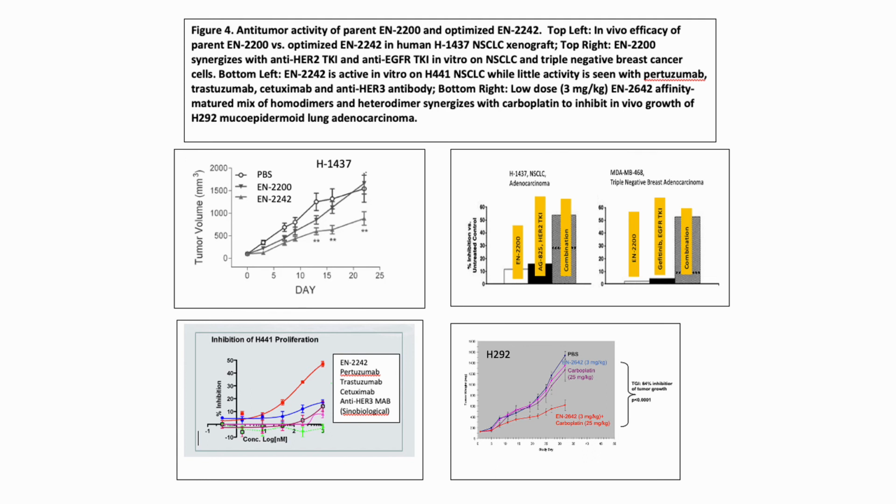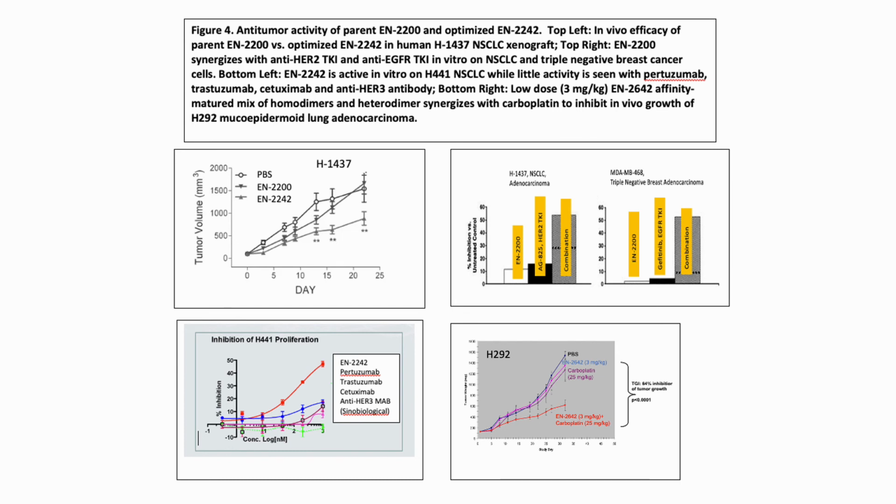And it's pretty clear from this result that while the anti-HER antibodies have little effect, the EN2242, which traps multiple growth factors, has a significant effect at inhibiting the proliferation of these tumor cells.